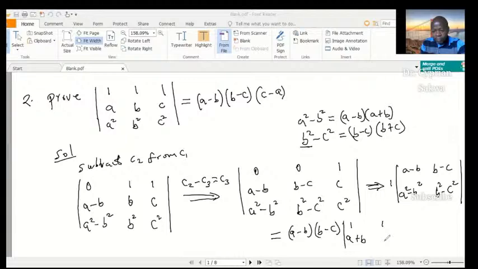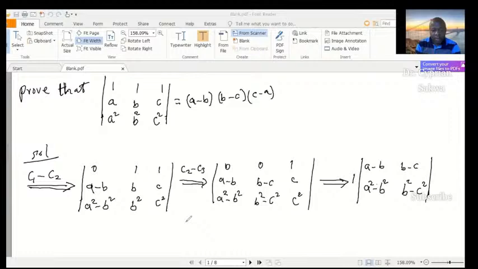So what I mean is that if I do not factorize this A minus B out and B minus C out, the other way that will give us the same result is that I just get the determinant the same way we normally get the determinant. The product of this diagonal minus the product of this diagonal.